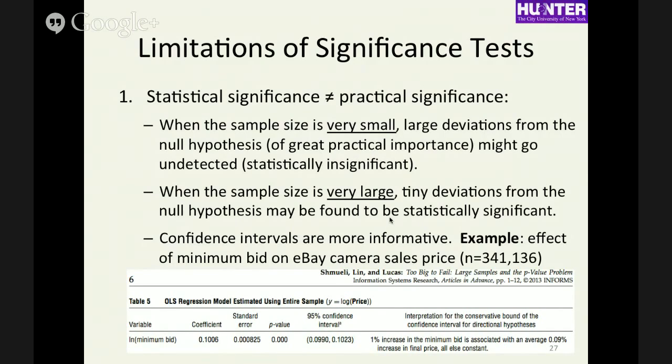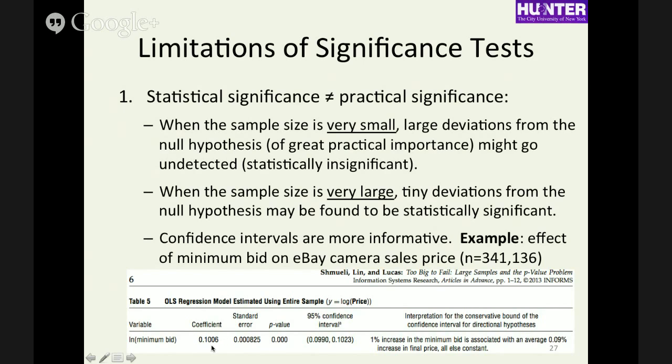This is an example. There's a paper about this called Too Big to Fail, Large Samples in the P-Value Problem, showing that for sales of cameras on eBay, there were various factors. One of them is some factor that you can change about what you advertise in a camera.